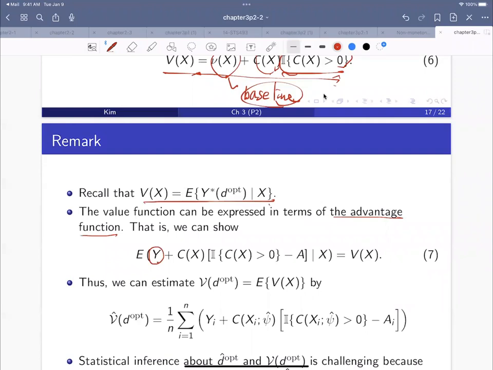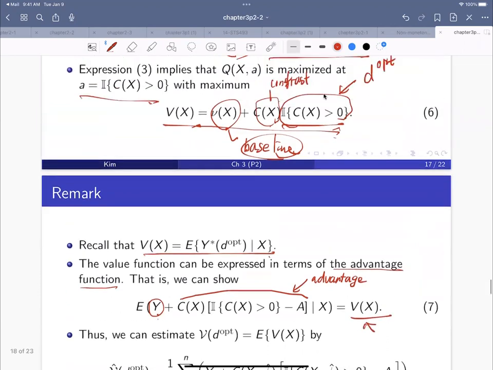A is my current observation, what I have, my status. And the advantage is what I could get if I had chosen the best option, the best decision. Then this is the value function, which is the best you can do.